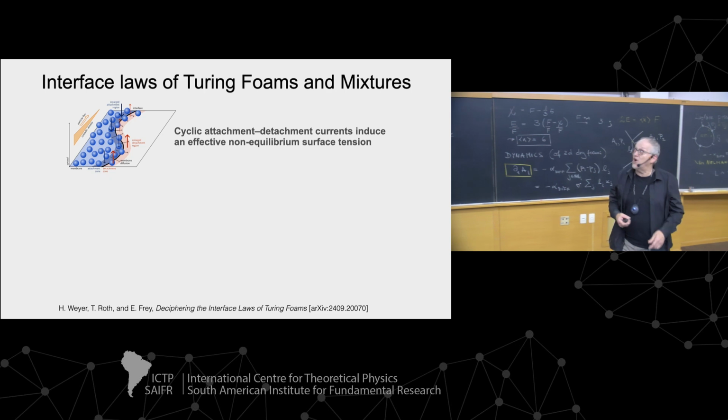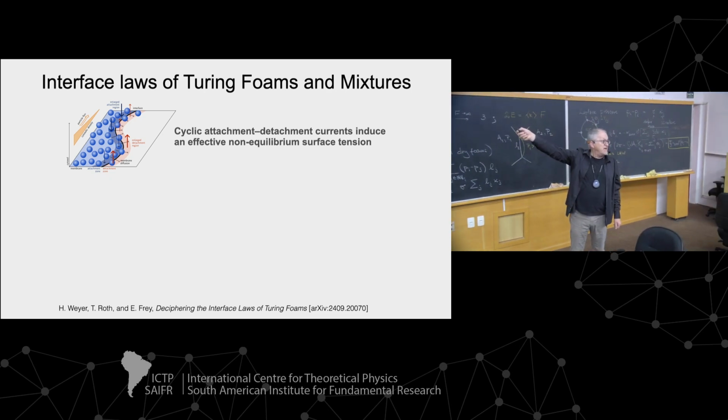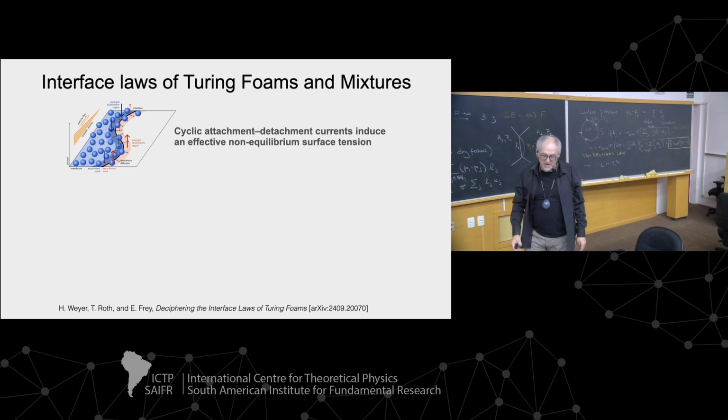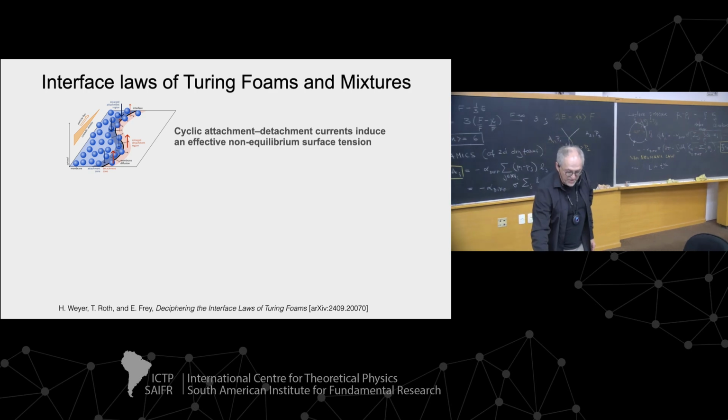Of course, you could have the opposite effect, right? My story depended on the attachment and detachment zone such that the gradients even out the surface length. It could be such that this enhances the difference that you have. And then you would have something that gives rise to an instability with a negative surface tension, something I guess you cannot have in equilibrium, but something you could have in such a non-equilibrium system.